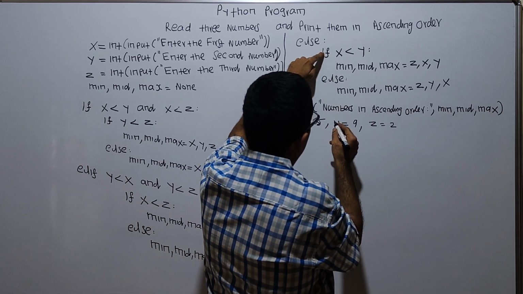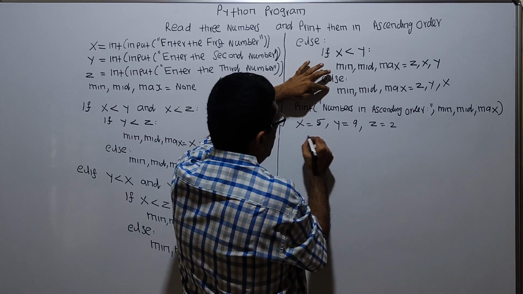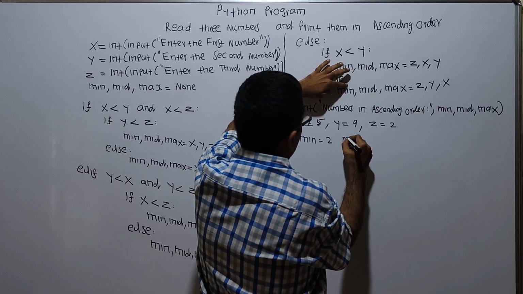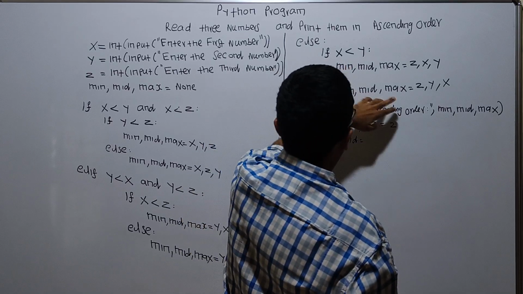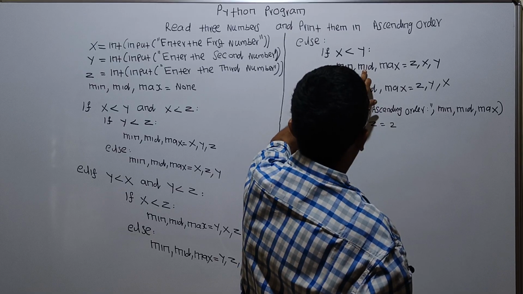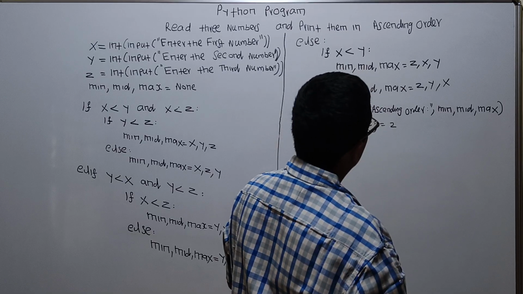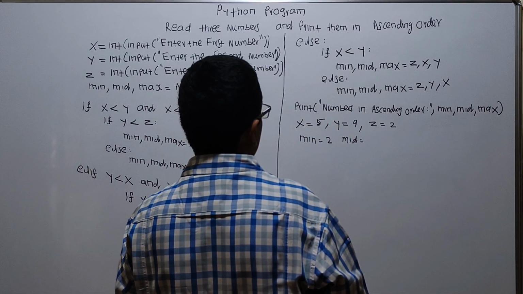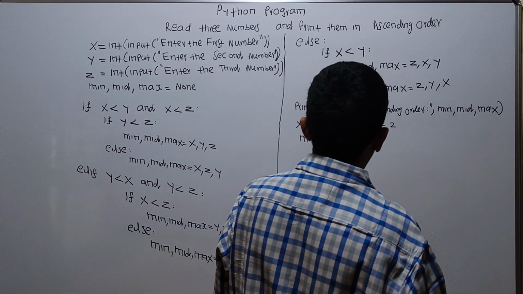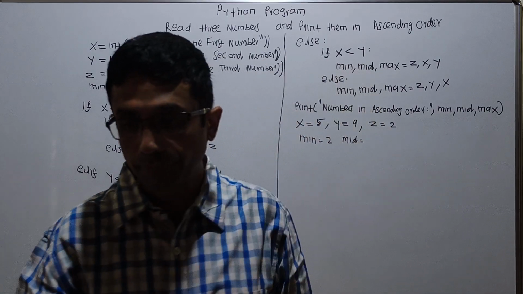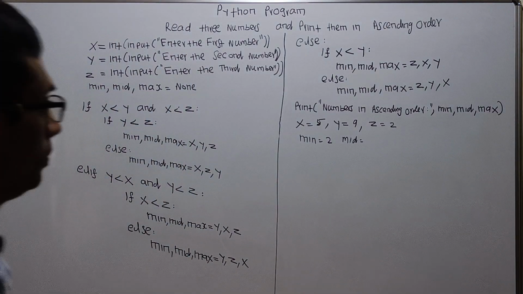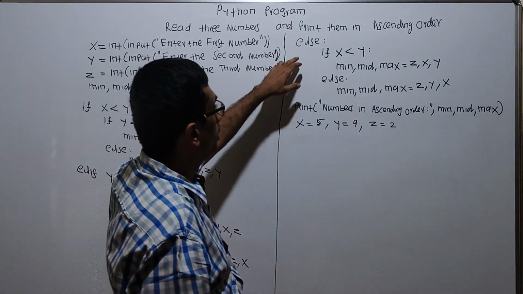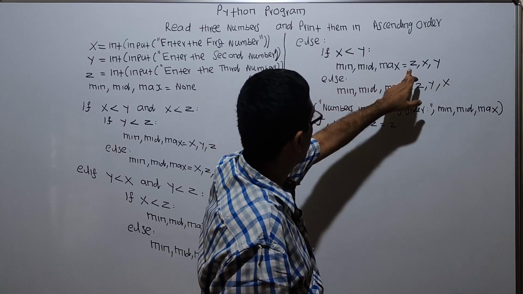This is also false and it will come to the else part and assign min equal to z. So min equal to 2, mid equal to the value of y. The control will come to the else part and check if x is lesser than y and the statement will get executed.